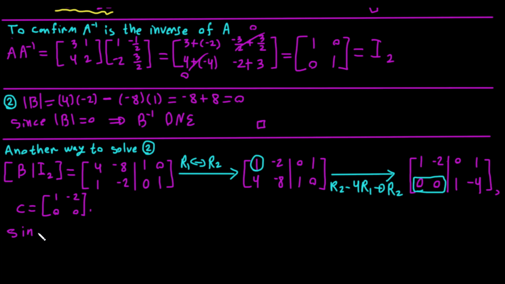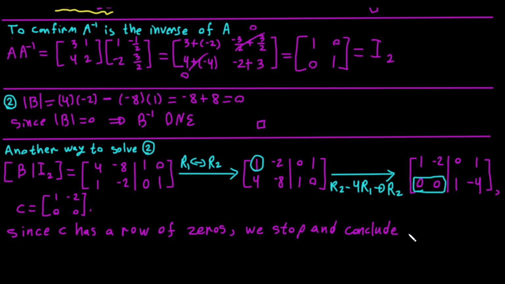Since C, which is this part, has a row of zeros, we stop and conclude that B inverse does not exist.